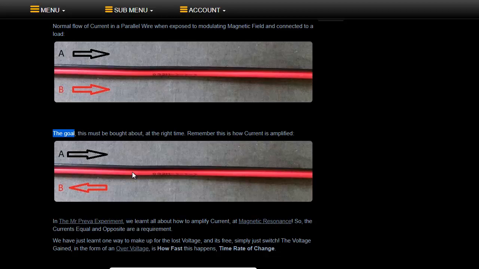Current is the mmf. Okay, mmf is the current through turns, which is ampere turns. So ampere turns is the equivalent to mmf, magnetic force. Now, magnetic force is the magnetic field, and if the magnetic field changes in time, then it's a source of energy.